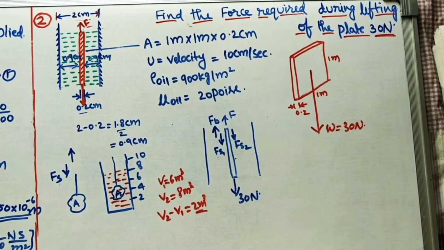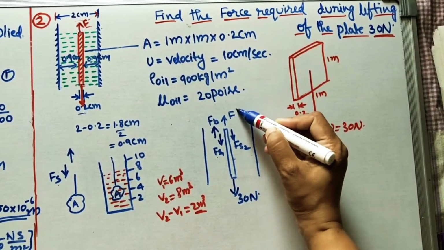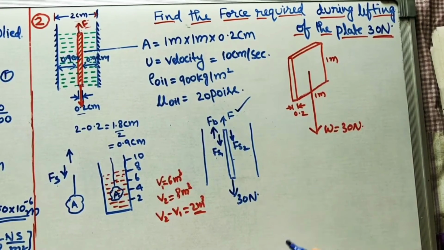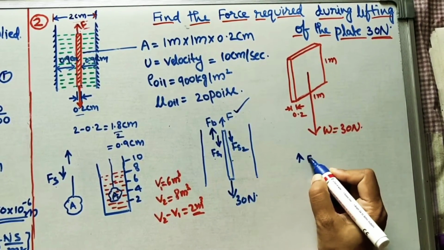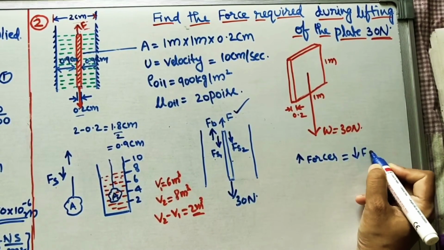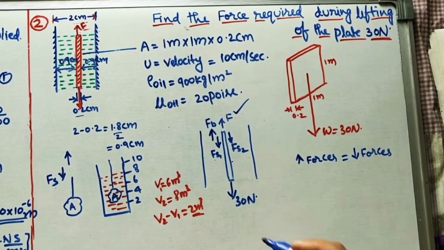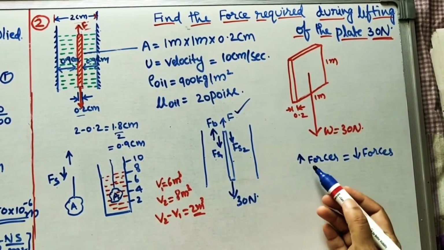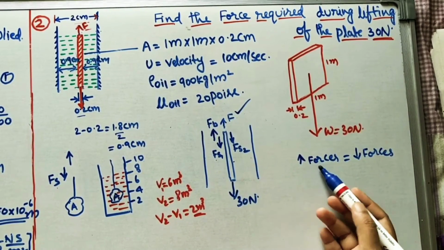So if you are taking what are the forces acting on this object, for finding the F, I am taking upward forces is equal to downward forces. So for the equilibrium of this object, we are considering whatever upward forces is equal to downward forces. What are the upward forces?